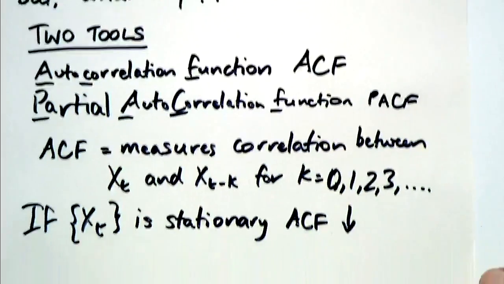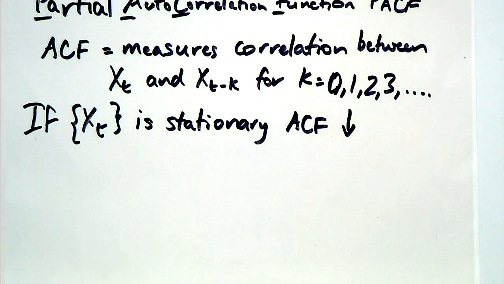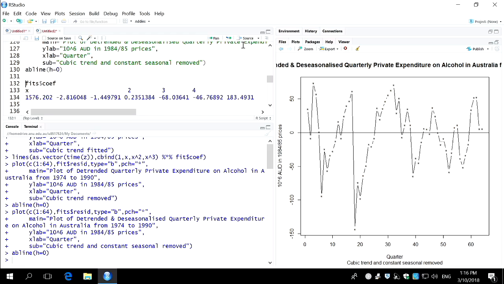So what we use the ACF, the autocorrelation function, for is to determine whether our series is stationary. That's its use. So you look at the ACF. If the ACF seems to be damping down, I'll show you a picture, then your series is probably stationary.